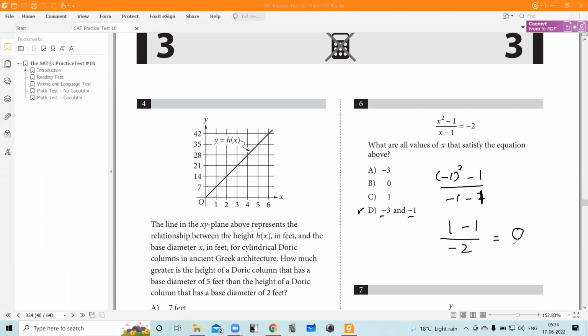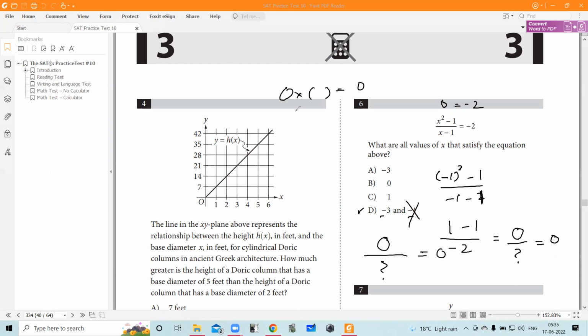is 0. 0 divided by anything is always 0. So 0 will not be equal to -2. So that's why -1 is not working. Whatever the denominator is, 0 divided by anything is 0. 0 multiplied by anything is 0, right?